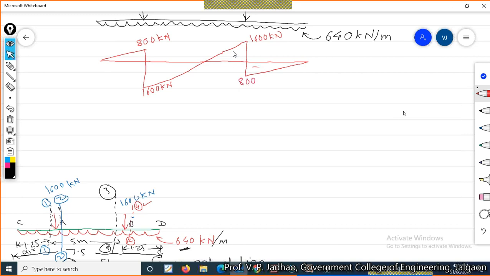This is positive, this is minus, this is positive, this is minus, and this is again positive. So this is how our shear force diagram will be.